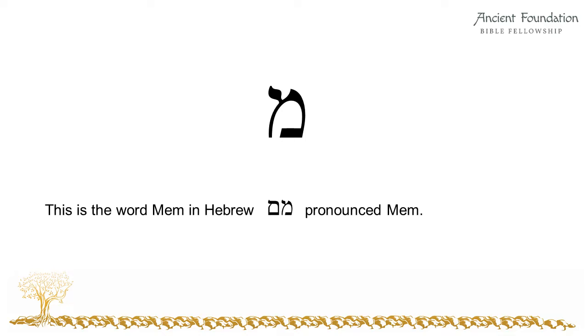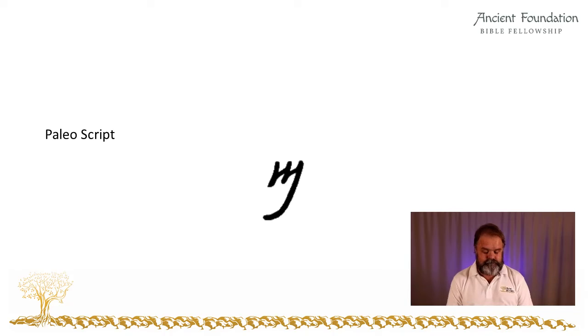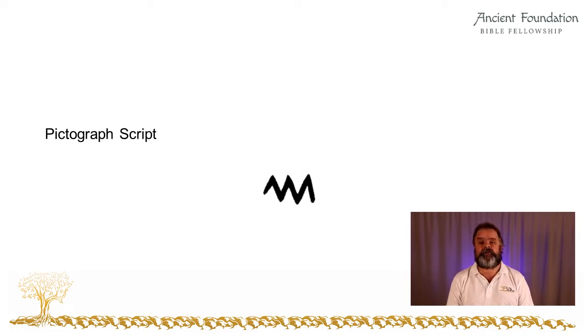Now let's have a look at this letter in the Paleo. As you can see, it looks nothing like the modern square script. It's quite different. The last script we will look at is the pictograph, which are like pictures of the letter that it's representing.